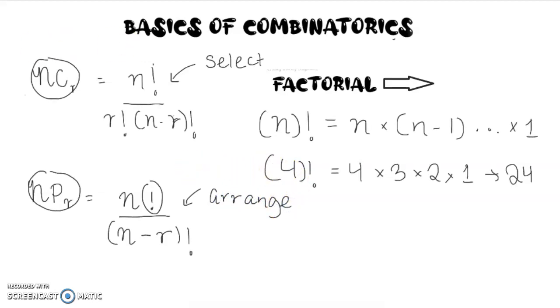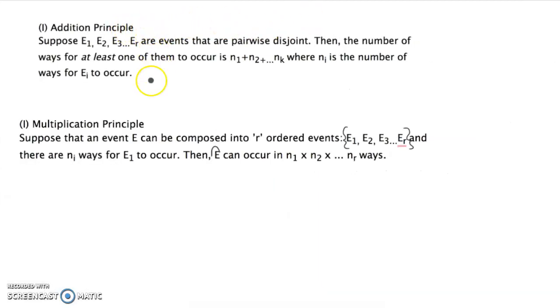Now that we know both of these two important formulas in combinatorics, let's learn two other important principles in combinatorics and another concept in combinatorics called set theory, which we will learn in the following videos that come on this topic. These two principles are called the addition principle and the multiplication principle.